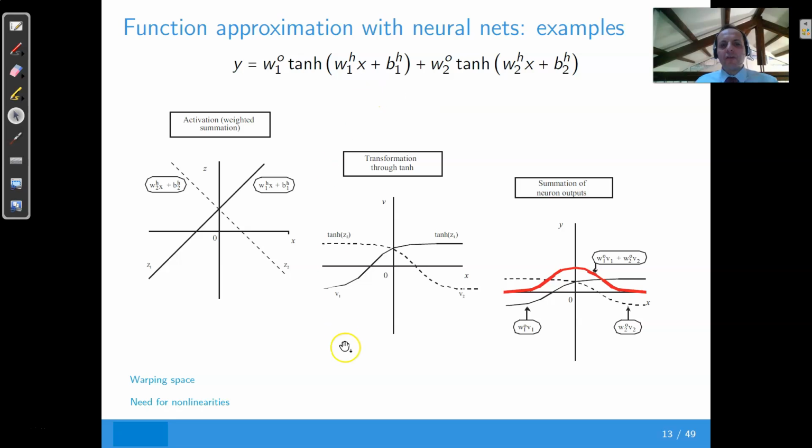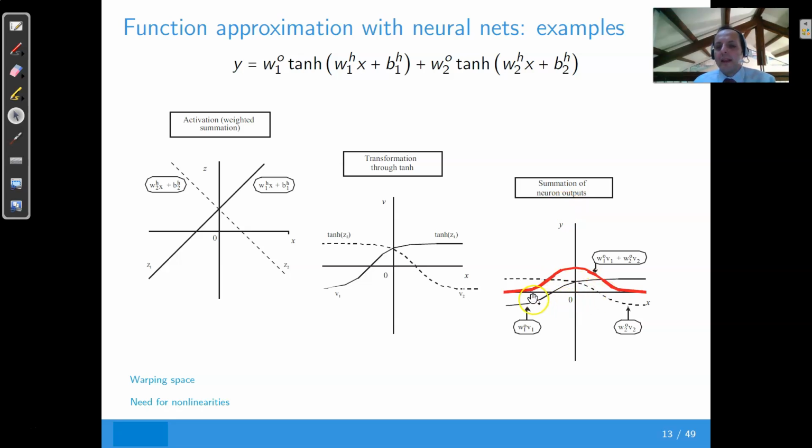The transformation through the hyperbolic tangent, as you can see here, is obtained as a composition of these two functions, because this corresponds to the output of the two neurons provided by this equation, and then the output is obtained as a summation of the neurons in the output.